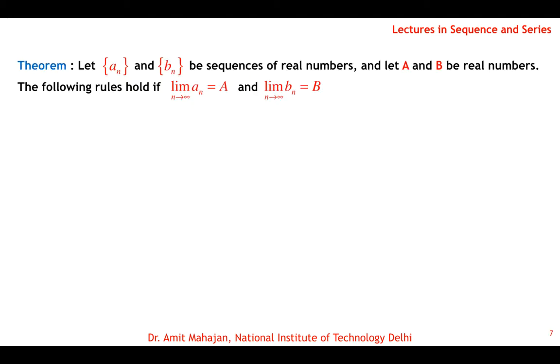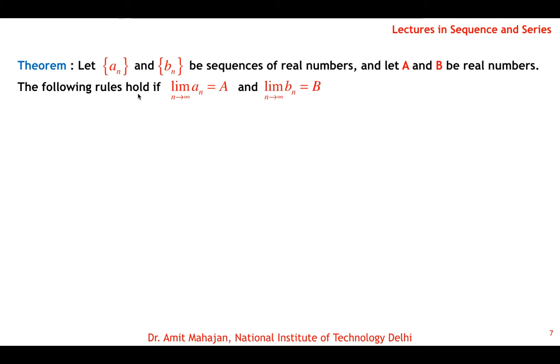Now there are certain results which hold true, and we have seen these results previously also in functions. The concept follows here also: let there be a sequence an and a sequence bn of real numbers, and let a and b be real numbers.